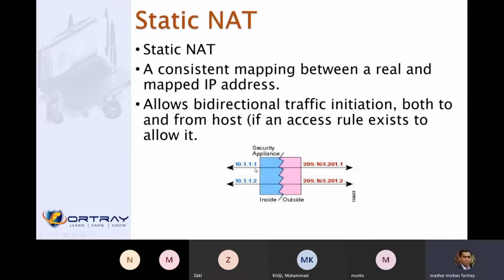So you can see here, we have two internal servers, 10.1.1.1 and 10.1.1.2, and we have two IPs as well, 209.165.201.1 and 201.2. This is the real IP, and that's the mapped IP. Mapped IP means the public facing IP.